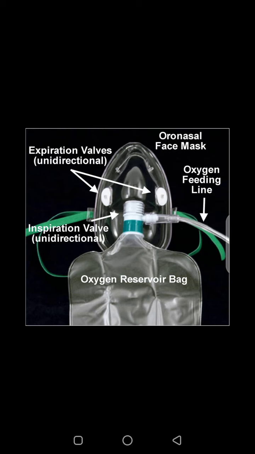The difference is that this expiratory valve is like a rubber flap that covers the exhalation ports. It opens only when the patient expires, allowing carbon dioxide to move out from the face mask, preventing the patient from rebreathing the carbon dioxide.